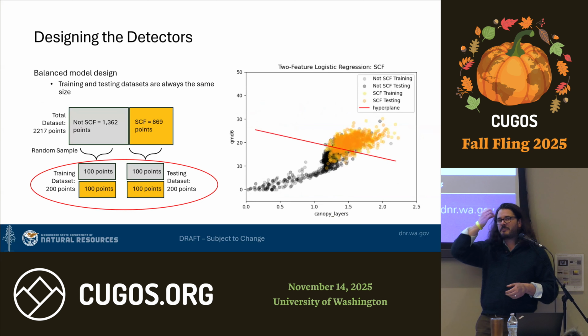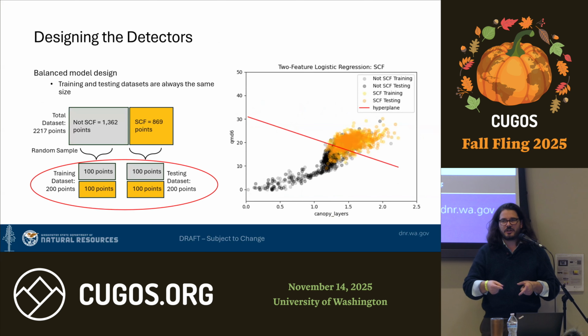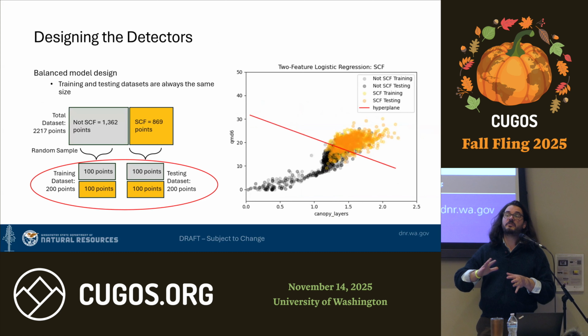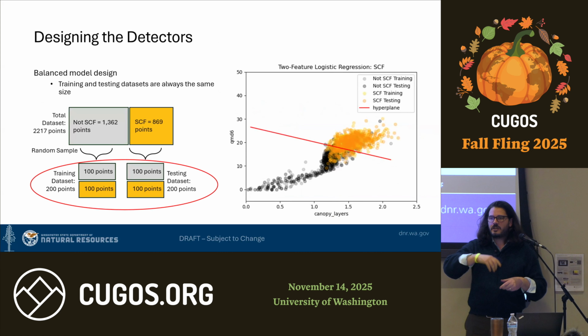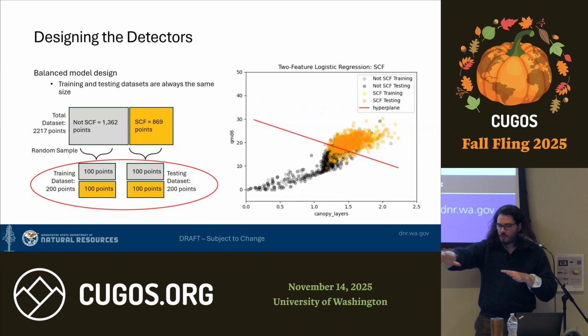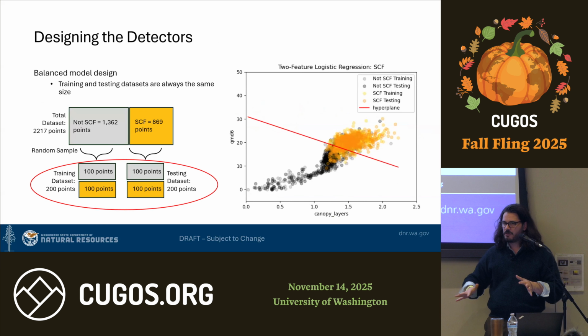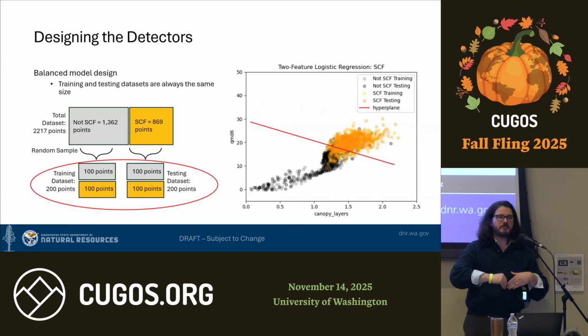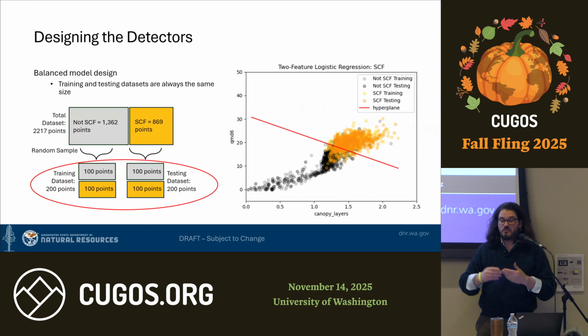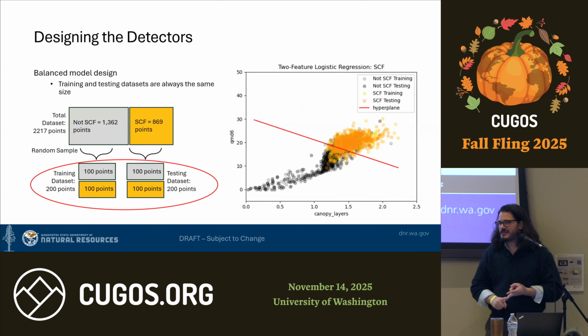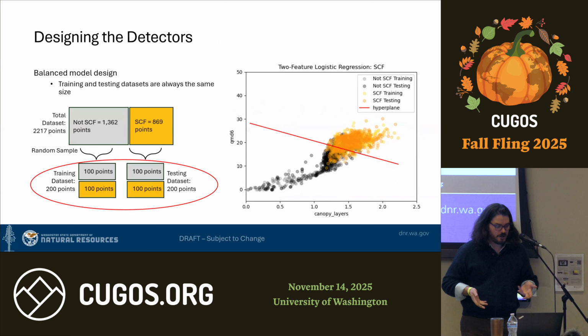Now, again, going back to what I was talking about, we have a little bit of a biased data set. We did not totally randomly distribute our points. They were easily accessible and there wasn't snow there.